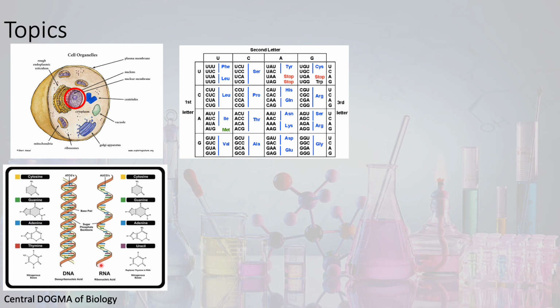We're going to skip some of the details for this lecture, but this eventually forms messenger RNA. And messenger RNA is exported out of the nucleus into the cytoplasm, where it is trafficked over to the organelle called a ribosome.